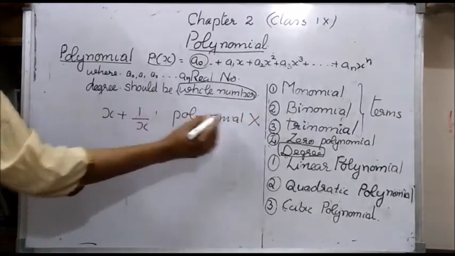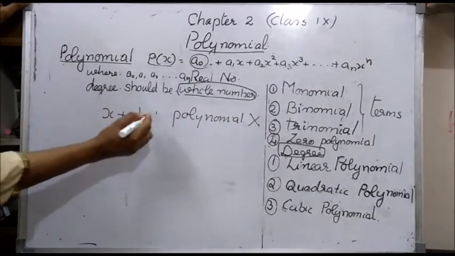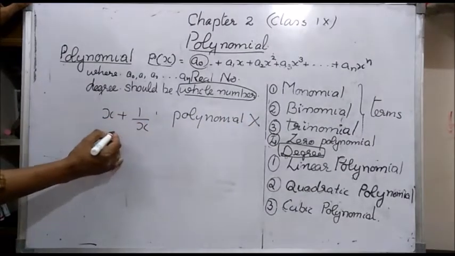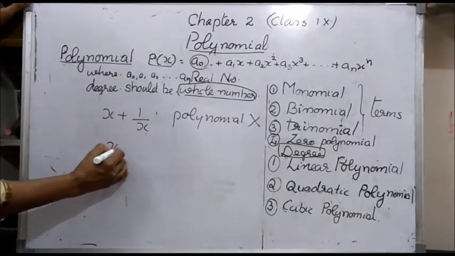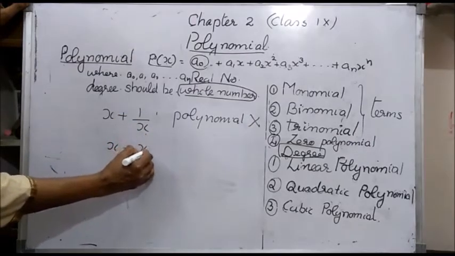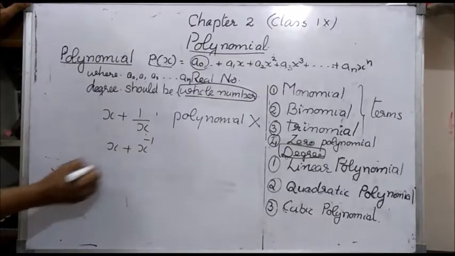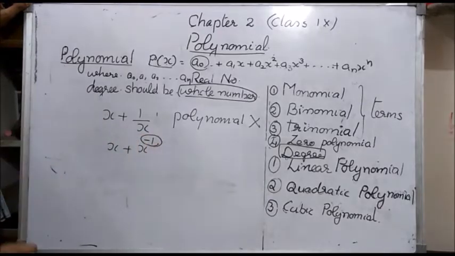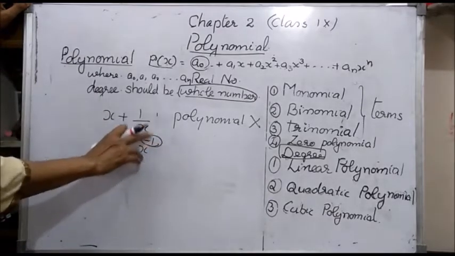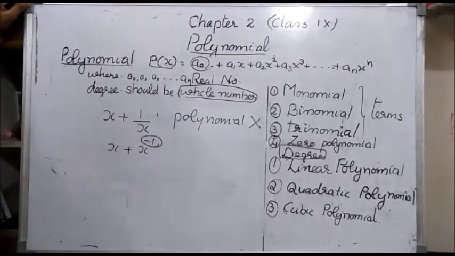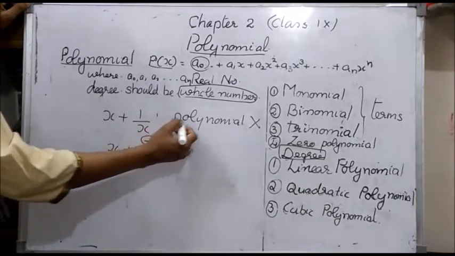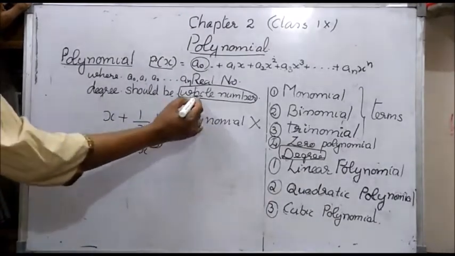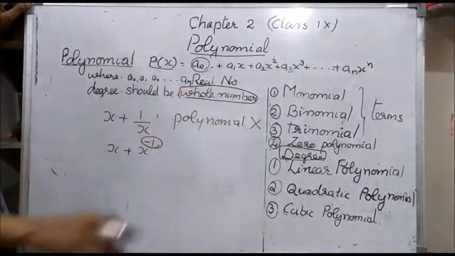Why? Because 1 by x can be written as x power minus 1, and the power of this term is negative. So it is not a polynomial, because for a polynomial the power should always be a whole number.